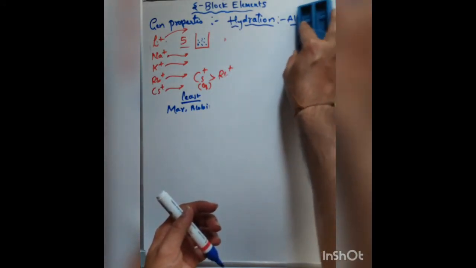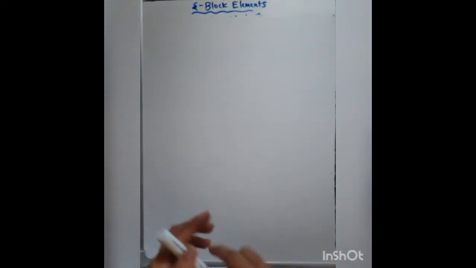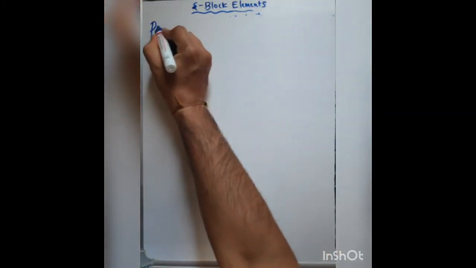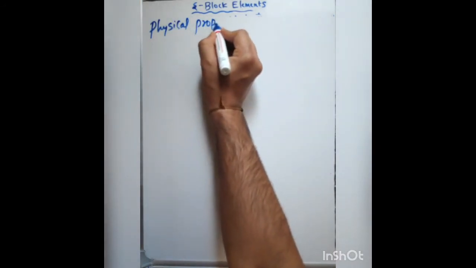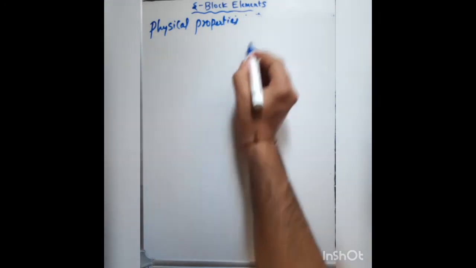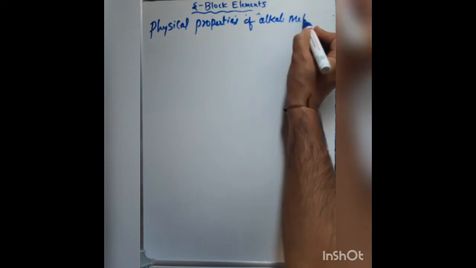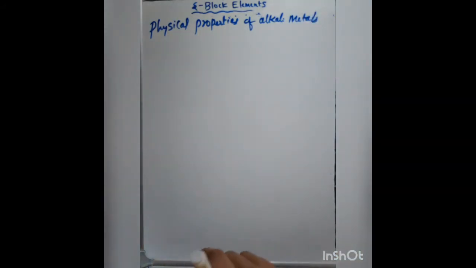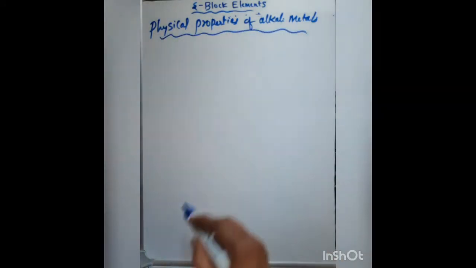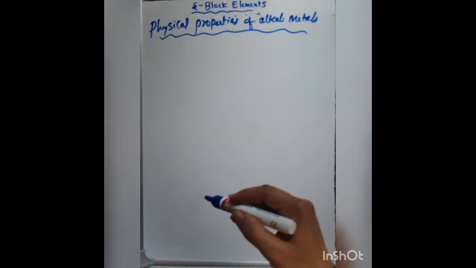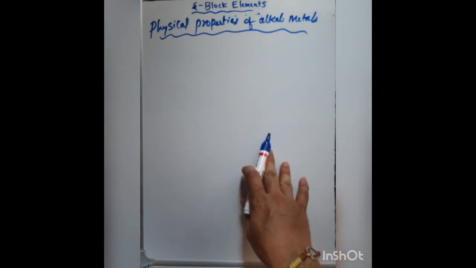physical properties of alkali metals. So in the physical property of the alkali metals, we are going to study about melting point, boiling point, metallic nature and flame coloration.